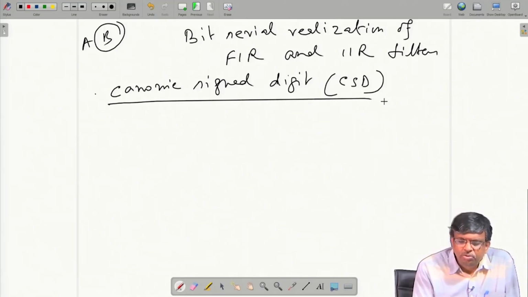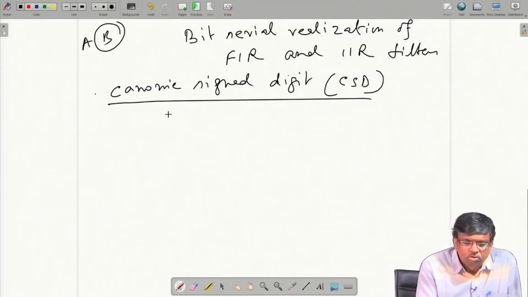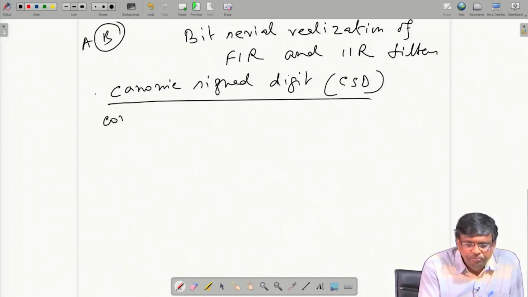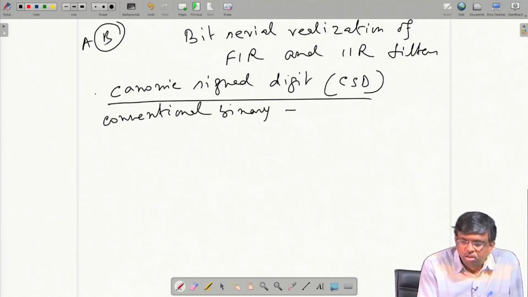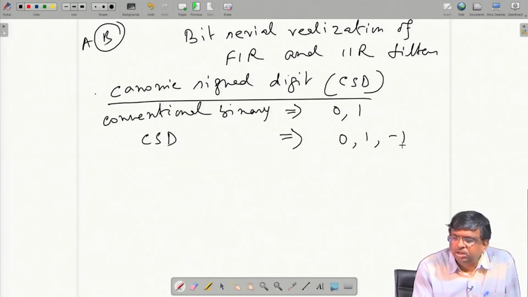CSD, instead of the common binary system which gives you 0 and 1, that is conventional binary, CSD will give you three things: 0, 1 and -1.